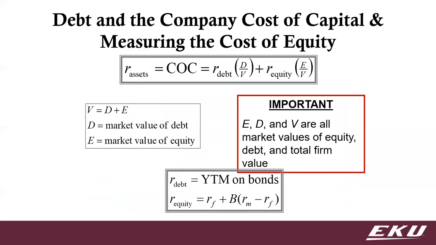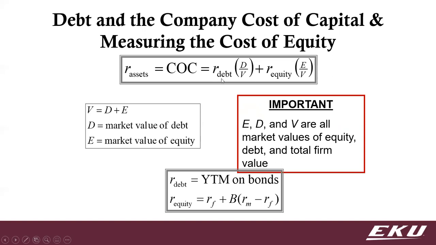Okay, and so here's looking at debt and equity, because that's what makes up our capital. The required return on the assets, that's what this R assets is, is equal to the cost of capital, COC. And what is our cost of capital?